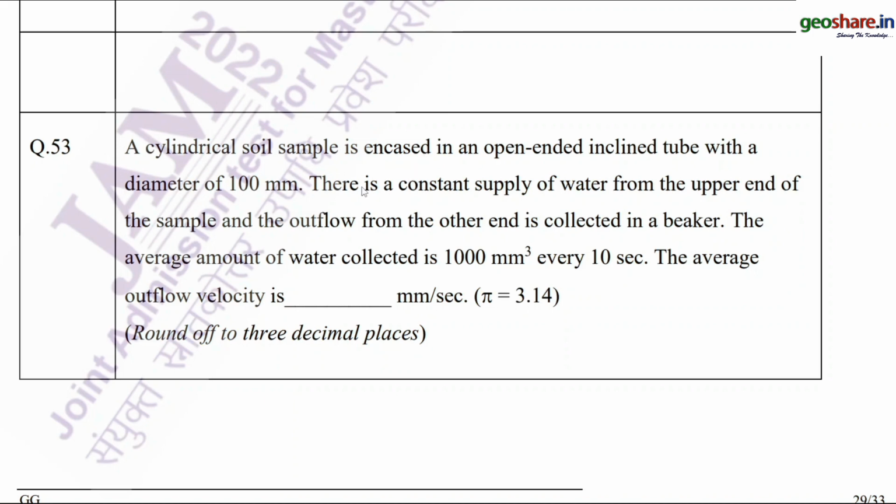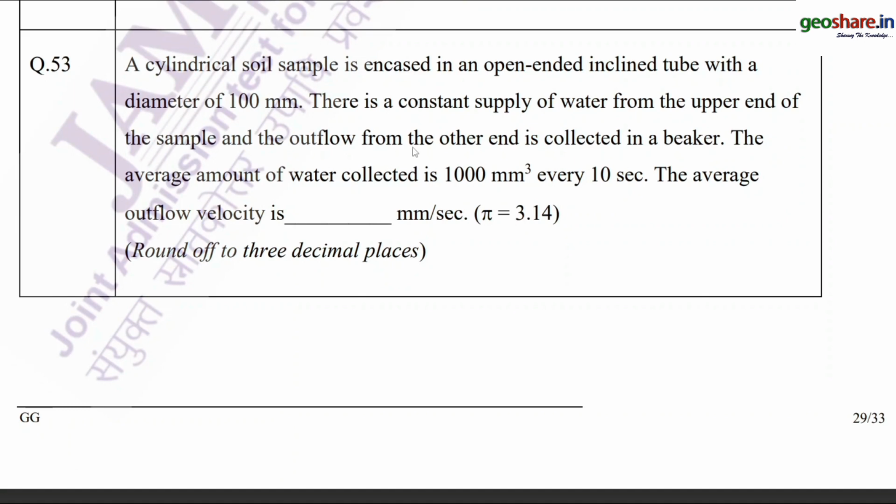A cylindrical soil sample is encased in an open-ended inclined tube with a diameter of 100 mm. There is constant supply of water from the upper end of the sample and outflow from the other end, collected in a beaker. The average amount of water collected is 1000 mm cube every 10 seconds.